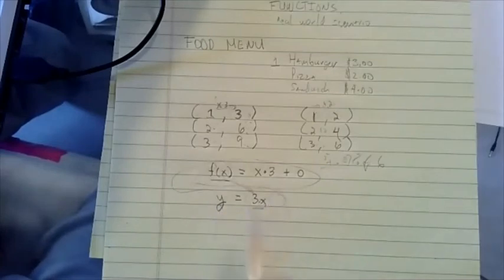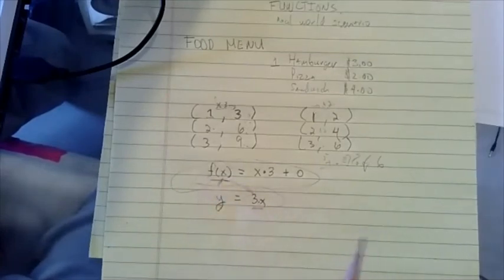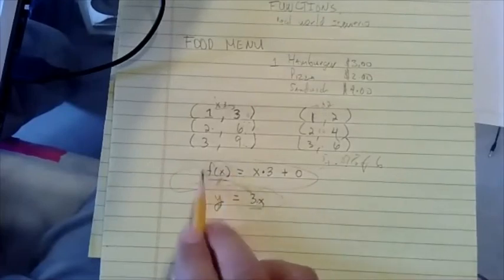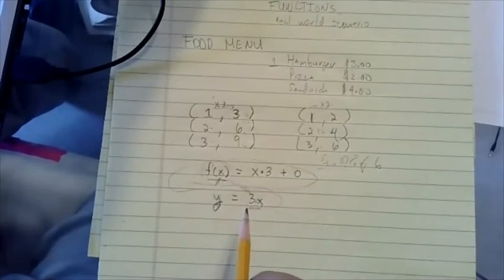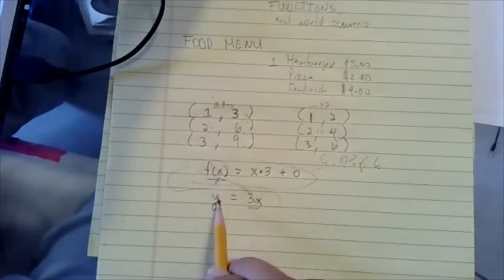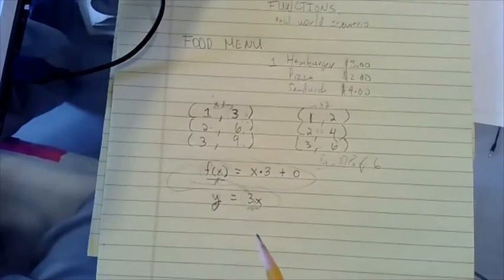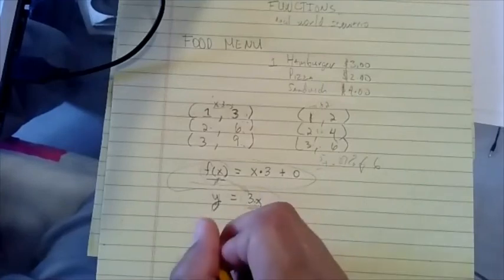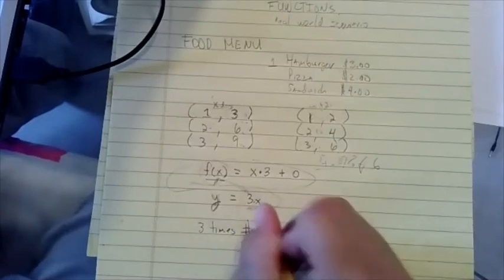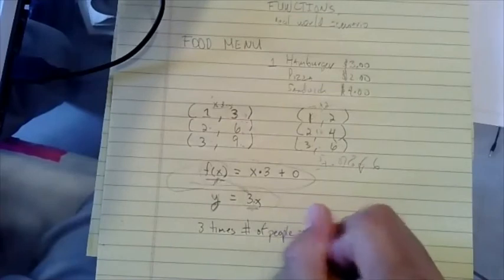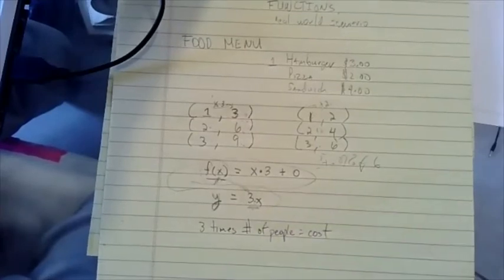Okay? So think of the x as input, f stands for function. But yes, you could replace that whole thing with just the letter y, meaning all this is going to give me an output. It's going to give me an answer, okay? And then the function gets moved over here, okay? So how else could you say it? Well, in your mind, you would probably just say 3 times number of people gives me cost, okay?